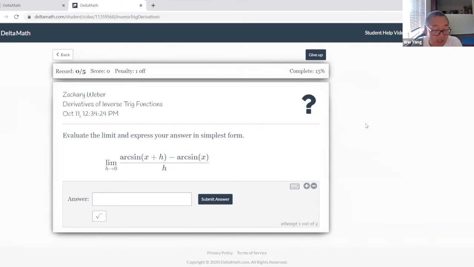The answer is 1 over the square root of 1 minus x squared. Yeah, input the answer there.